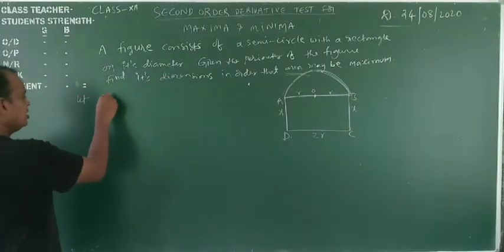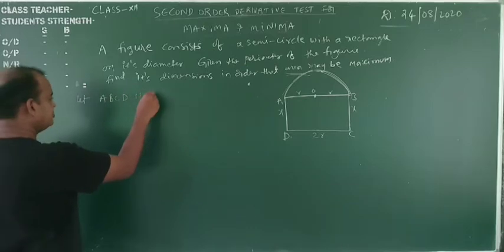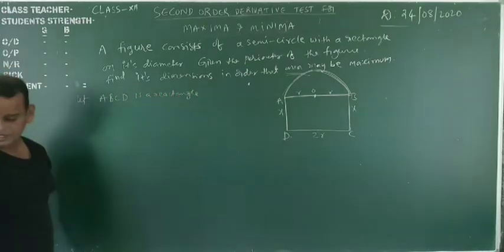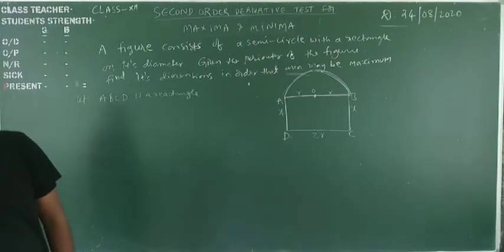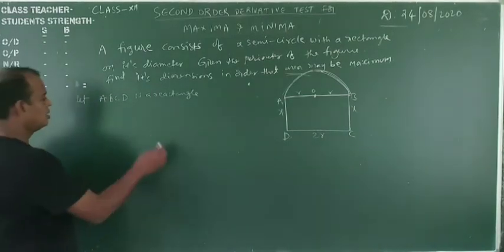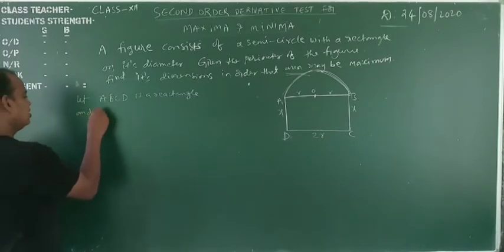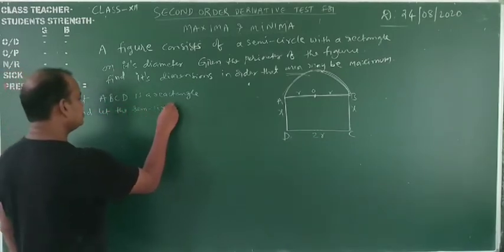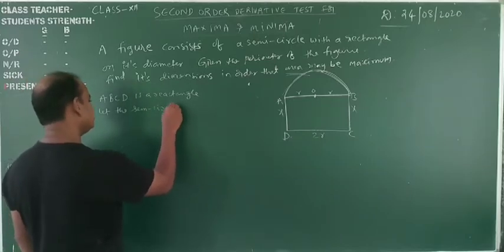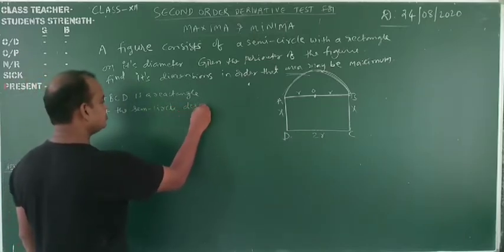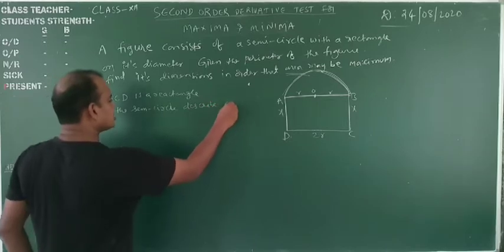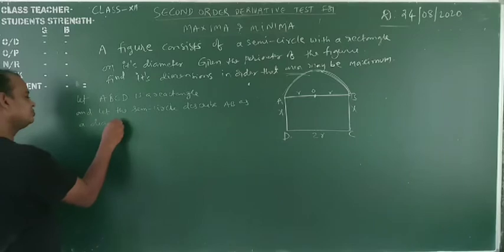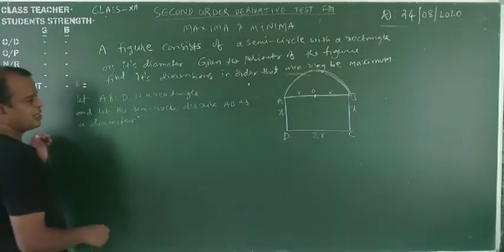Let ABCD be a rectangle, and let the semicircle be described on AB as a diameter.